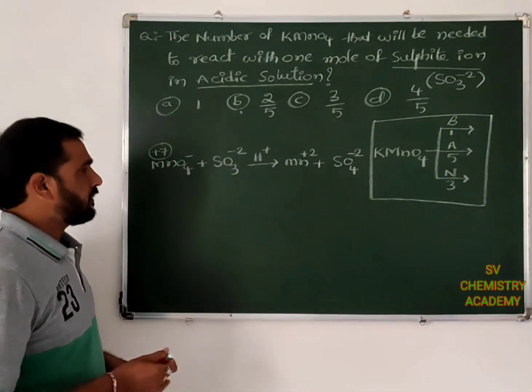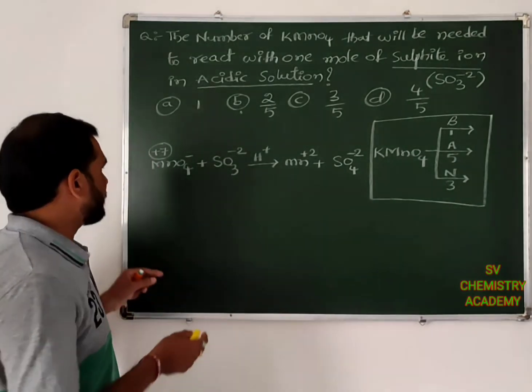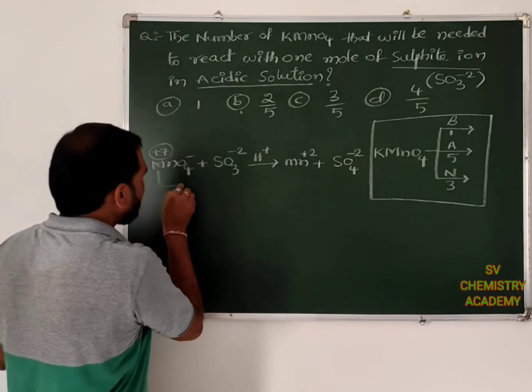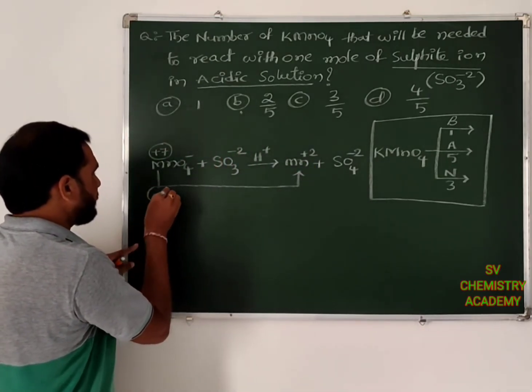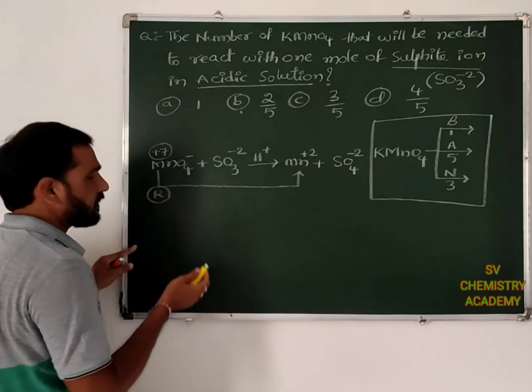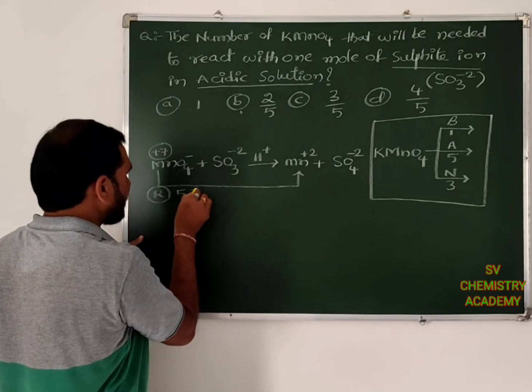Clear? Then balance the equation with respect to the oxidation process and the reduction process. Mn plus 7 is converted to plus 2 oxidation state. This process is reduction because of gain of electrons. Here 5 electrons are gained.